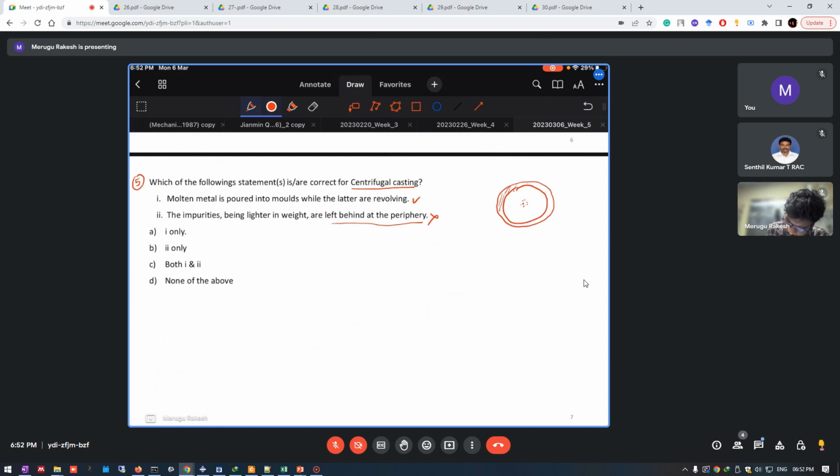Okay, this is the casting. So this is the refractory. When it is rotating, these lighter metals will get collected at the center, not on the periphery. So this is the wrong statement. So A is the only correct option.